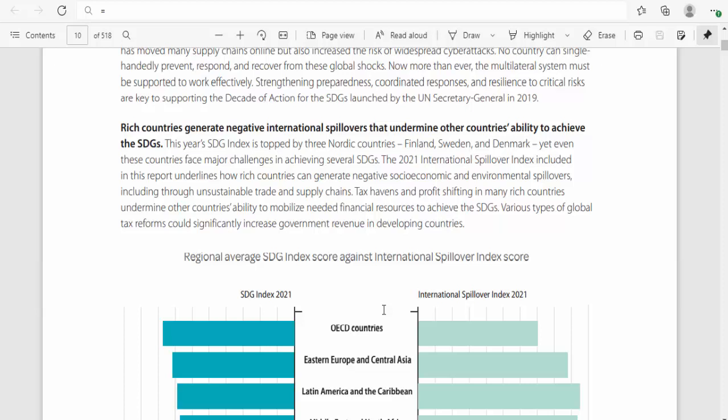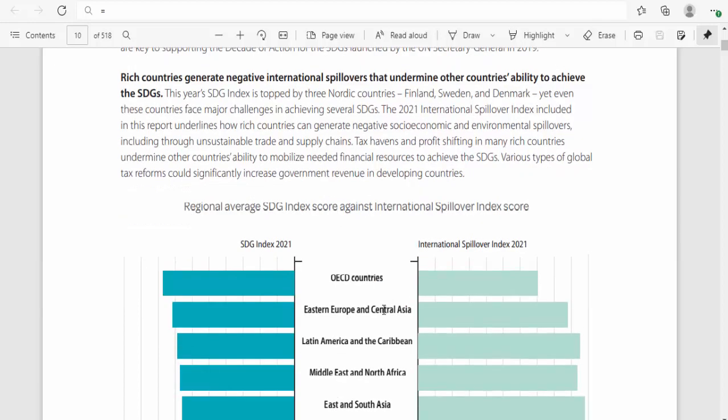The 2021 International Spillover Index included in this report underlines rich countries can generate negative socio-economic and environmental spillovers, including through unsustainable trade and supply chains. Tax havens and profit shifting in many rich countries undermine other countries' ability to mobilize needed financial resources to achieve the SDGs. Various types of global tax reforms could significantly increase government revenue in developing countries.